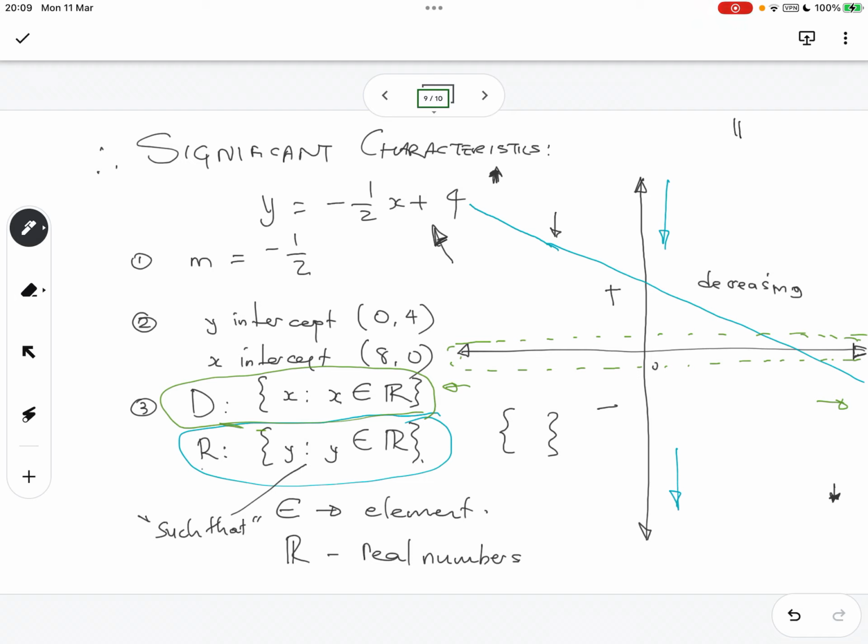Now this R is real numbers, and natural numbers are this, whole numbers are this, with a subscript 0, integers are this. So this is notation for math that we use in sets.